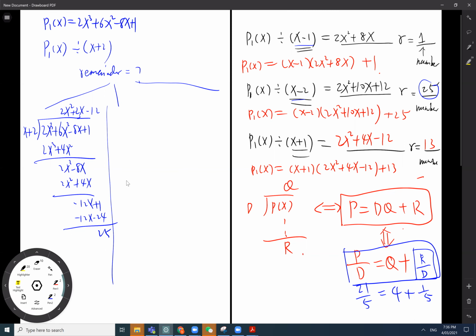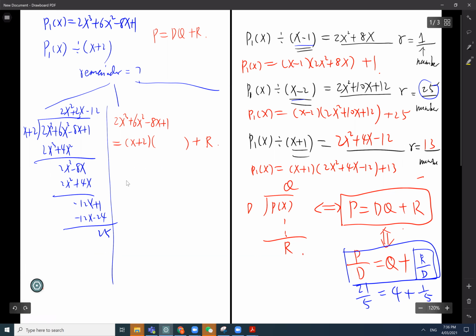If you use this one, we have something called P equals dq plus r. So x plus 2 times q plus r. We know inside here should be 2x squared plus ax plus b.